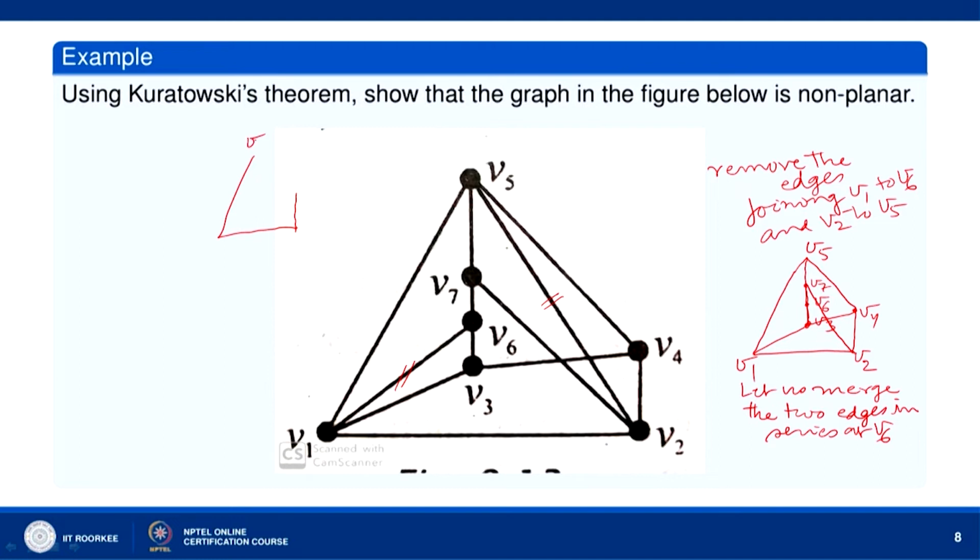So, we have B1, B2 here, B4, B3, B1 to B3, and then B3 to B4, B7, and we have this.